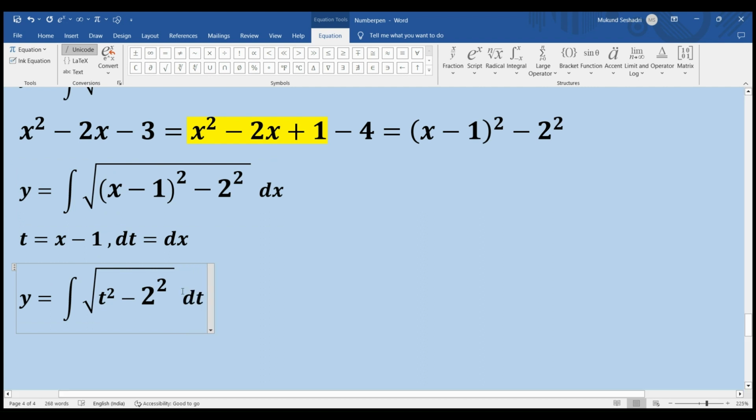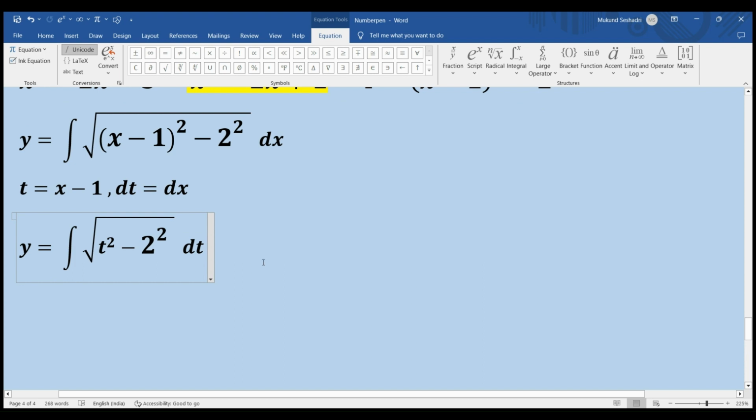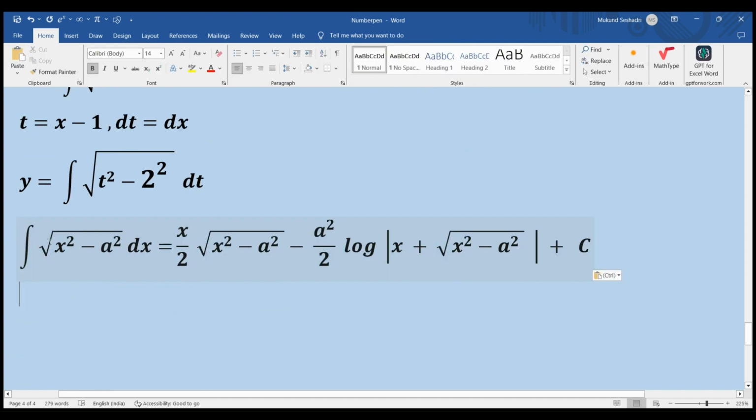So now you see I have an integral of the type square root of x square minus a square times dx, just that in place of x I have a t and in place of a I have a 2, right? So the way I'm going to do it is put down the identity for the integral of square root of x square minus a square times dx. So there we are. That's the identity for integral of square root of x square minus a square times dx.